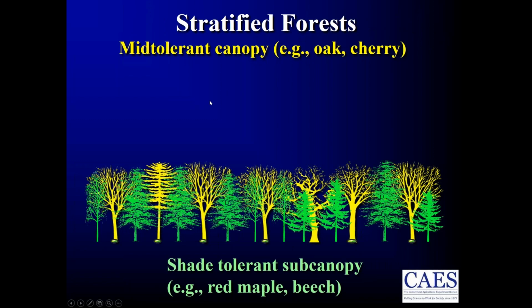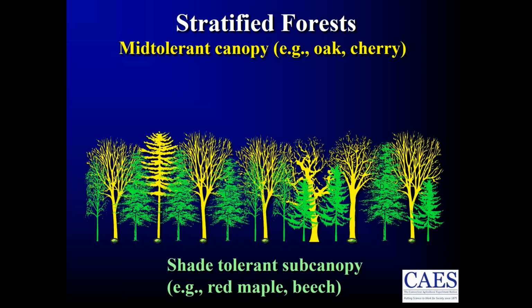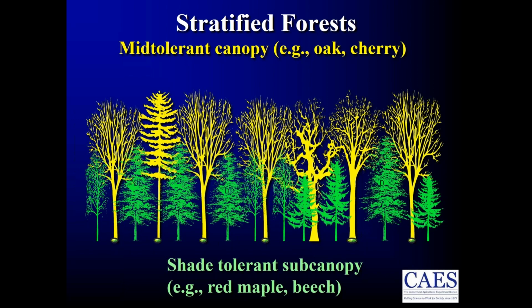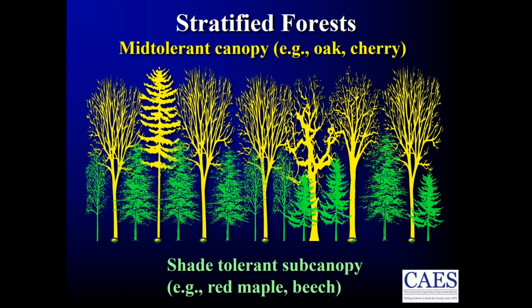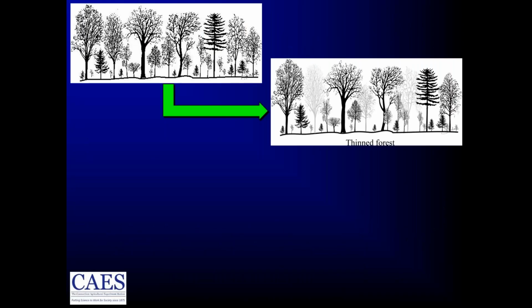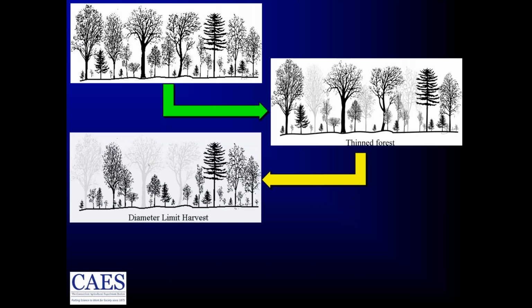So how do these forests grow? Well, over time, the mid-tolerant species gradually grow faster and faster than the shade intolerant subcanopy, which develops underneath. So what you should do on these forests is a thinning for your intermediate or your tending cuts. But those can also lapse into a diameter limit cut because there's not quite enough volume out there to make it economically feasible.